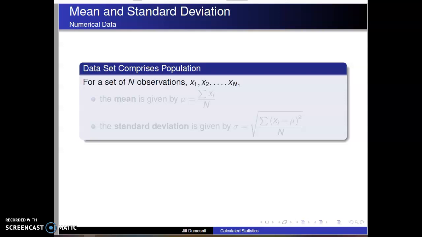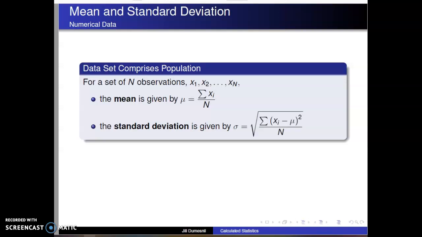For a set of capital N observations, x1 out to xN, the mean is given by mu equals, you sum or add the values of the x's and divide by the number N of them. The standard deviation is given by sigma equals a big square root.